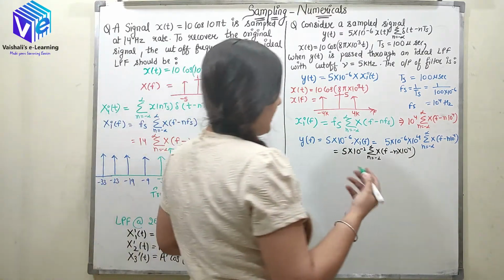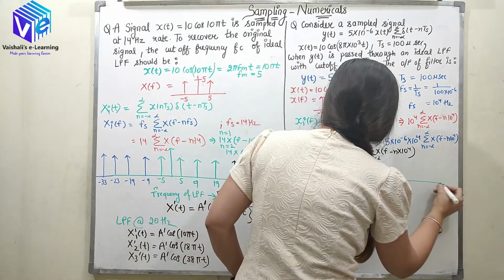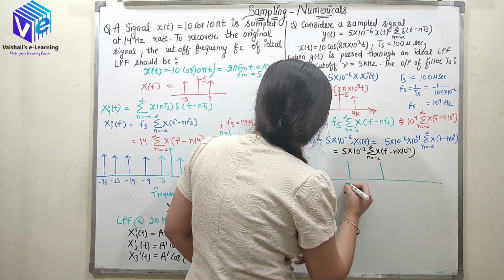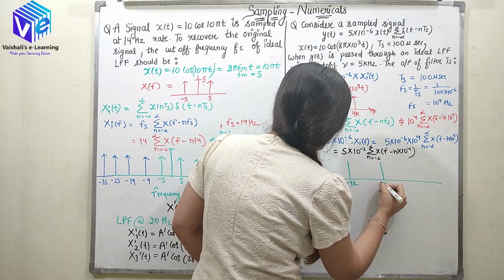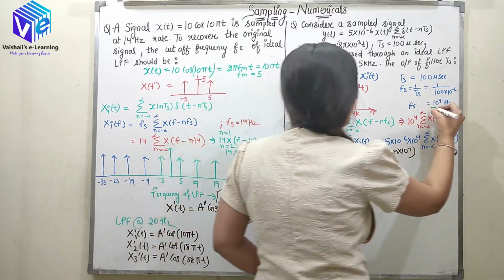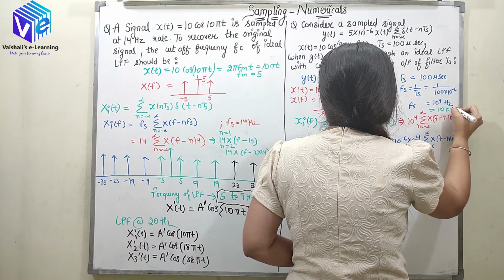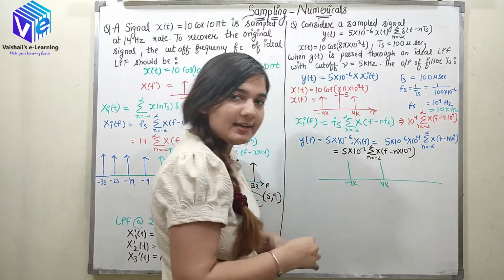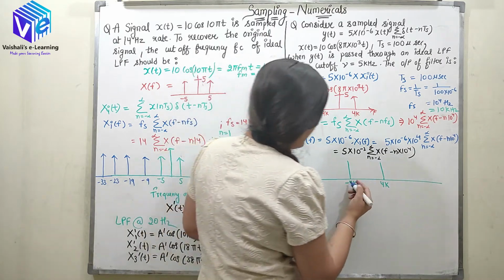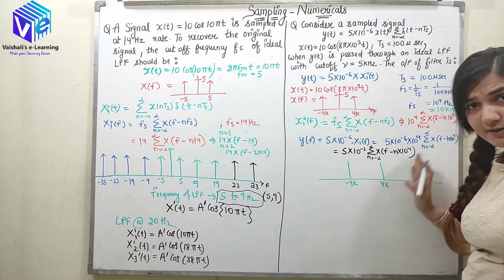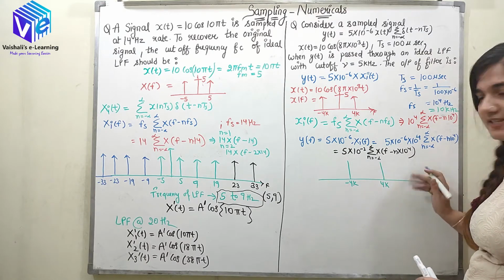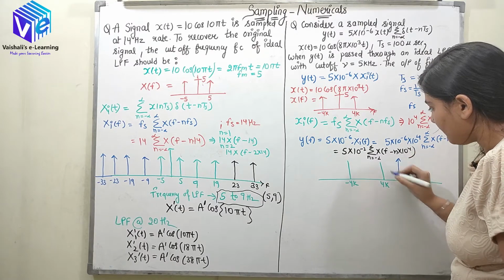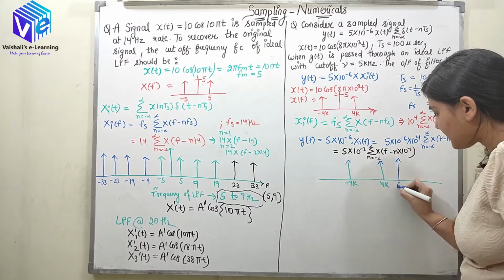So now if I have to represent it, how will I represent it? X(f) is from minus 4k to 4k, and 10 raised to power 4 hertz is 10 kilohertz. So now I am shifting this frequency by 10 kilohertz. Here minus 4k is shifted by 10 kilohertz, so minus 4 plus 10, I'll be having an impulse at 6k.